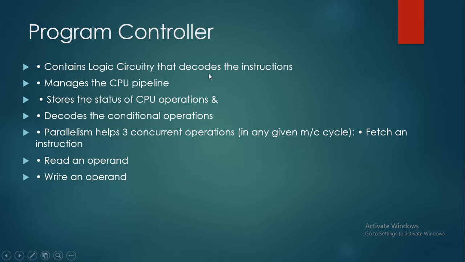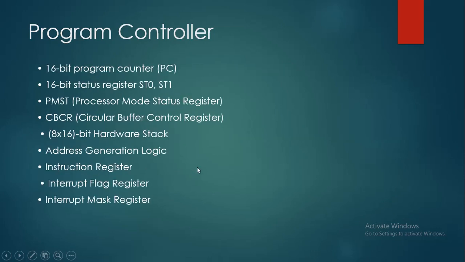Parallelism also helps in three concurrent operations: fetching, reading, and writing of an operand. It also consists of a 16-bit program counter PC and 16-bit status registers ST0 and ST1. We'll discuss it later. Then there is the processor mode status register.